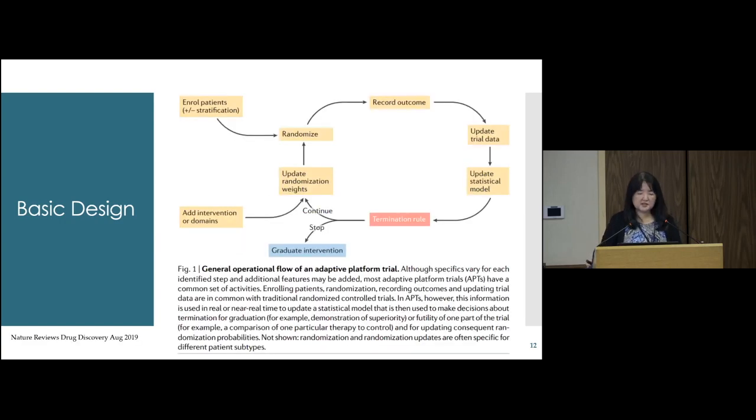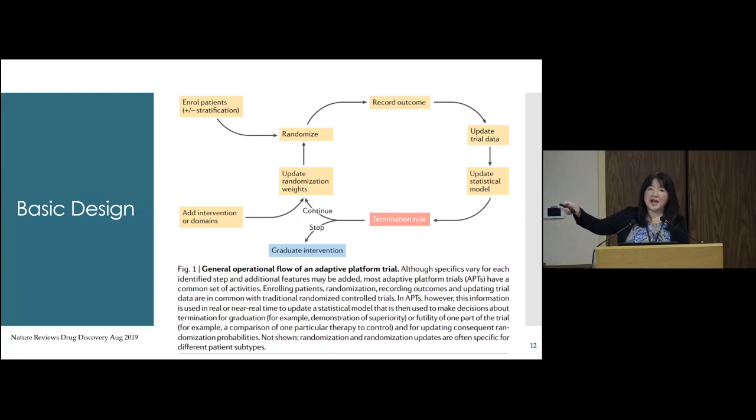I took this from an article in 2019 in Nature Reviews. At the top, we enroll patients, screen them, make sure they're eligible, randomize them, record their outcome, and update the trial data. This whole first part is what we do in traditional randomized controlled trials.